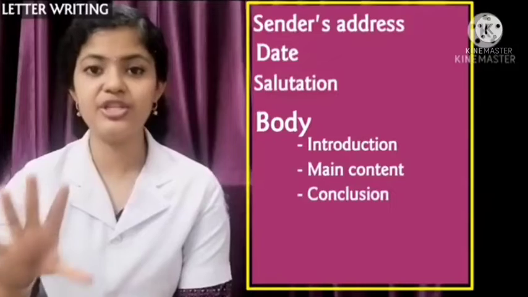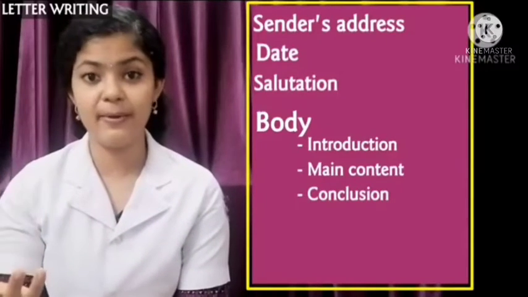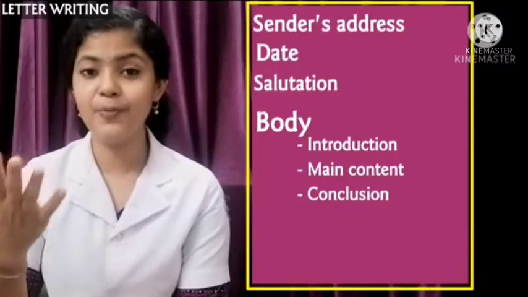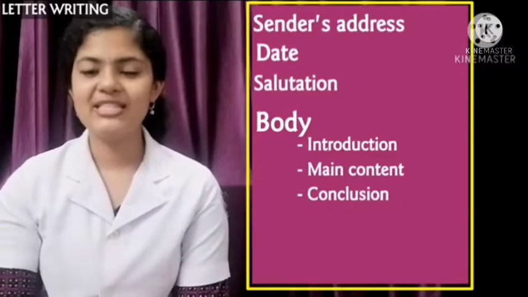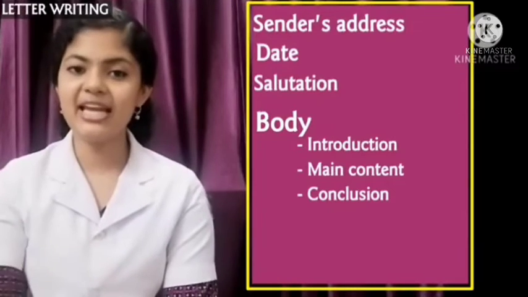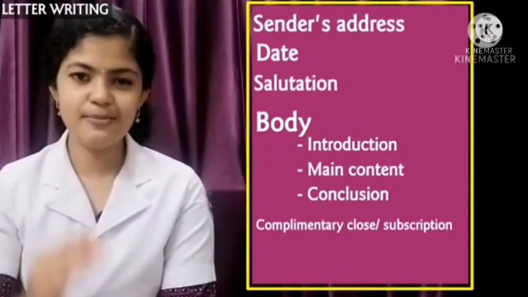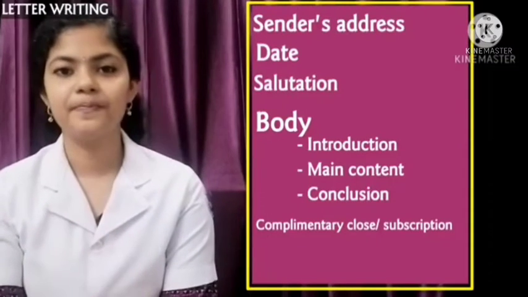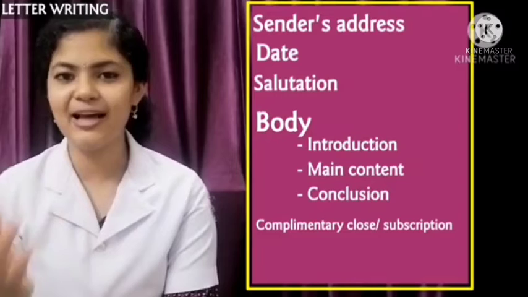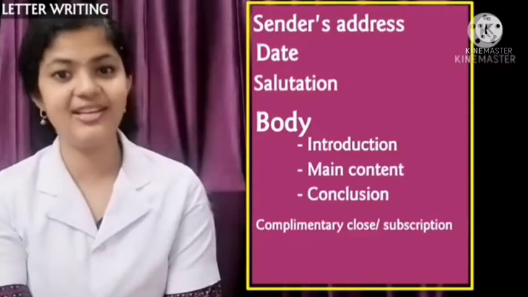In the conclusion you can write, convey my regards to your family members, or I hope you come to my home. Such phrases or sentences you can use in the conclusion part. Then comes the complimentary clause or subscription. This part includes phrases like yours lovingly, yours sincerely, yours affectionately.